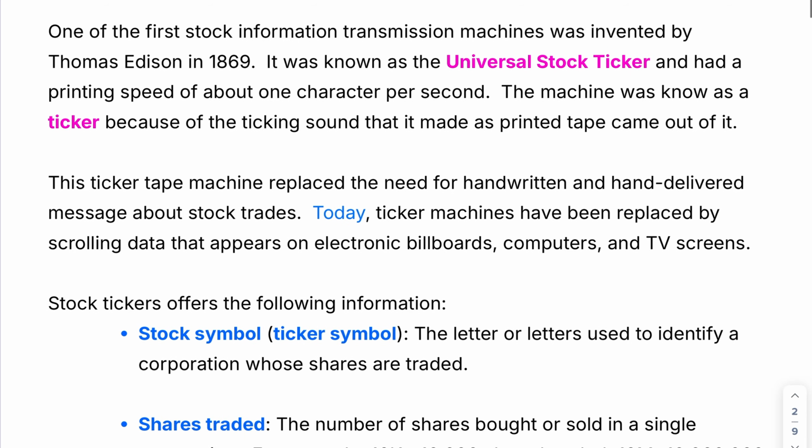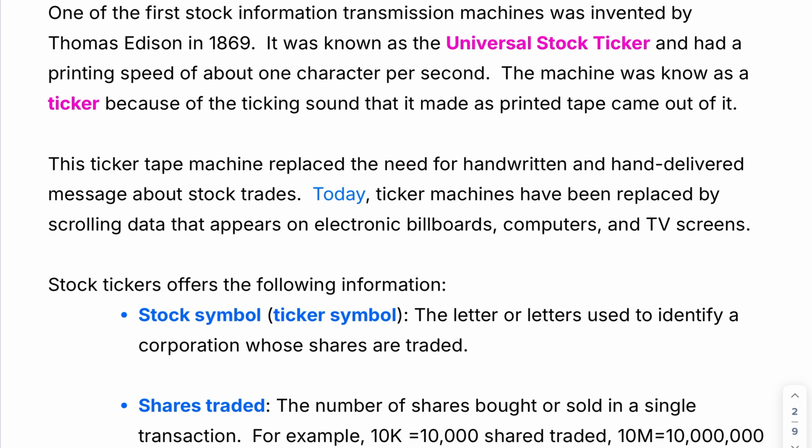This ticker tape machine replaced the need for handwritten and hand-delivered messages about stock trades, right? So it was a little bit more efficient to get more information out to the public in a more succinct way. Today, ticker machines are no longer used, and they've been replaced by scrolling data that appears on billboards, computers, TV screens, and so forth.